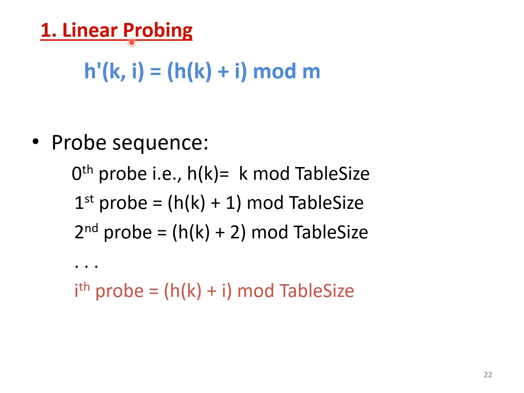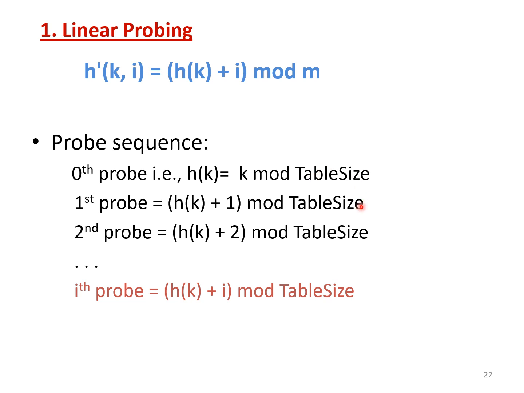The first type of probing technique for closed hashing or open addressing collision resolving technique is linear probing. In general, we will start computing the index or the hash address in the zeroth probe. If there exists a collision in the zeroth probe, we will go to the first probe.